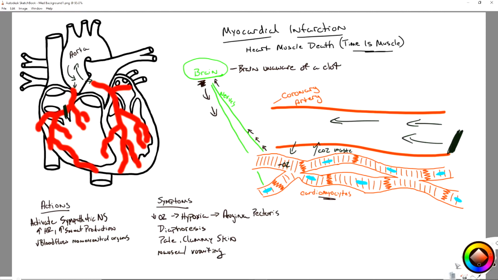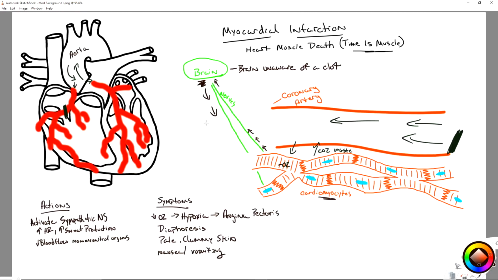Okay? So when blood is taken away from the gut, you automatically get nauseous. You might vomit at that point. Okay? This angina, because all of these nerves are connected, they're going to start signaling the brain that it's in pain.